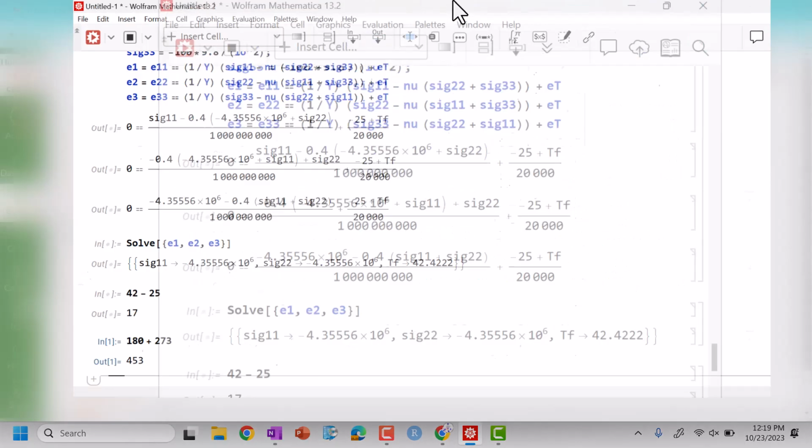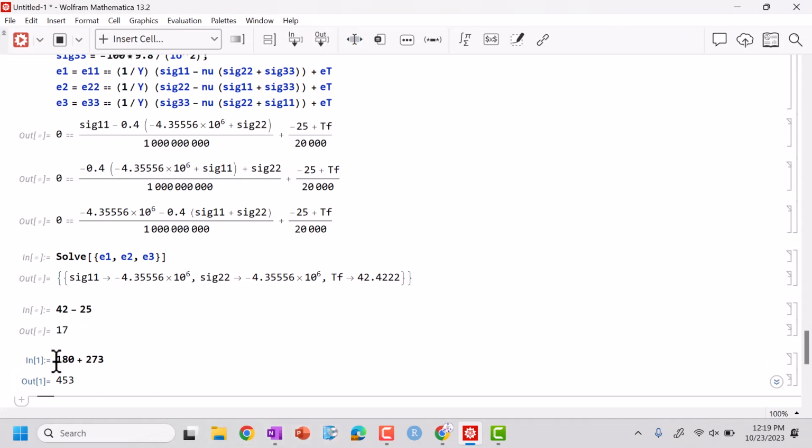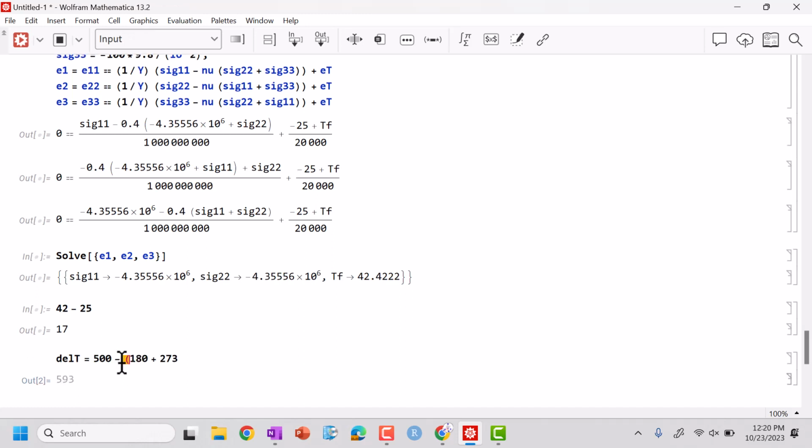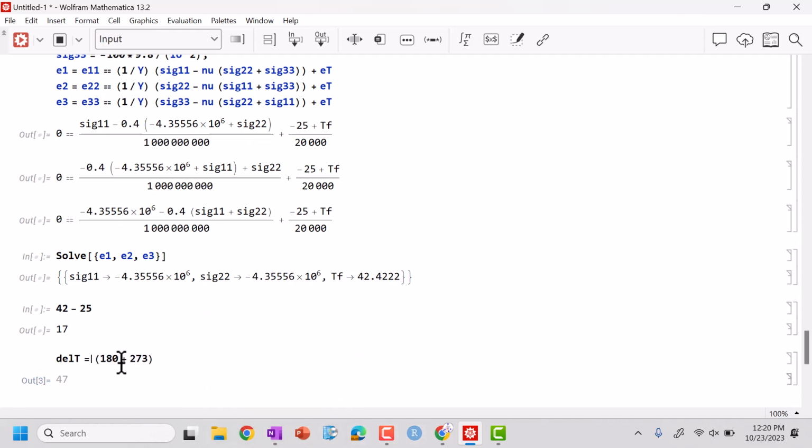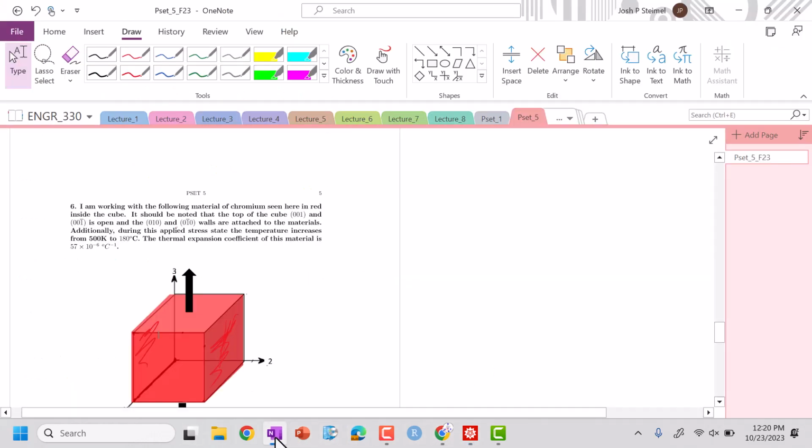And again, if you solve it a different way, it's no problem. Our del T is 500 minus that. Actually, our final temperature is flipped, so you can solve the problem here.